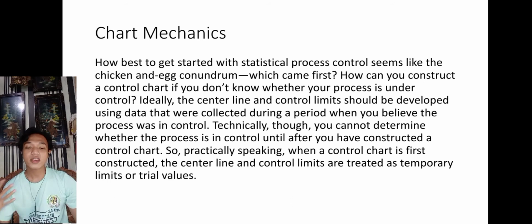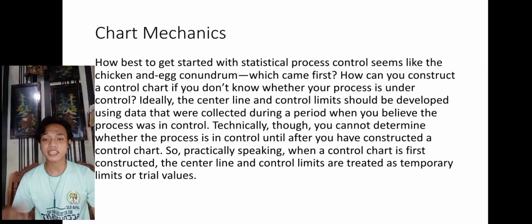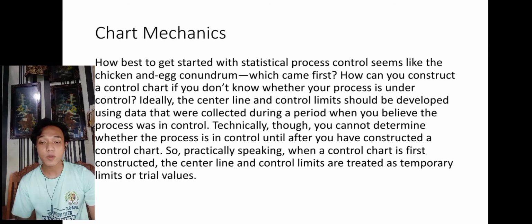So practically speaking, when a control chart is first constructed, the center line and control limits are treated as temporary limits or trial values. In practice, you start with 30 or more samples, calculate the sample statistics that you are charting, establish the control limits based on those statistics, and then plot the values of the statistics.